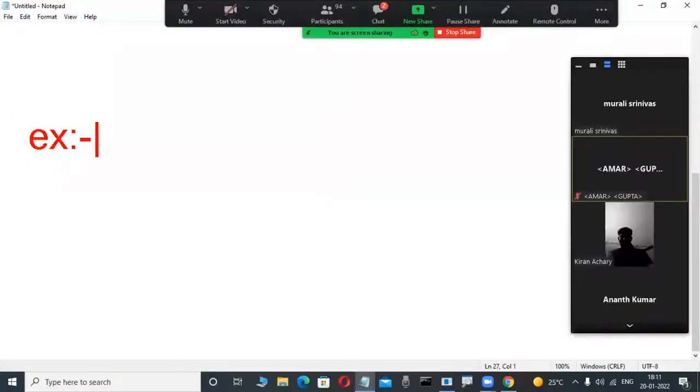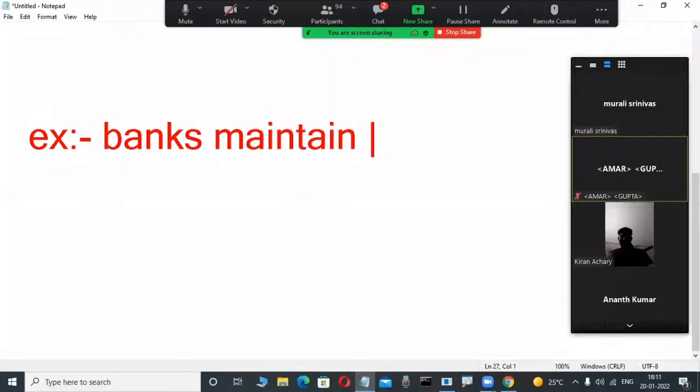So many applications are there. One of the applications I'm taking: bank. Banks maintain databases. What is the purpose? They maintain a database for storing something. Suppose account holders deposit some amount. You are also depositing some amount.